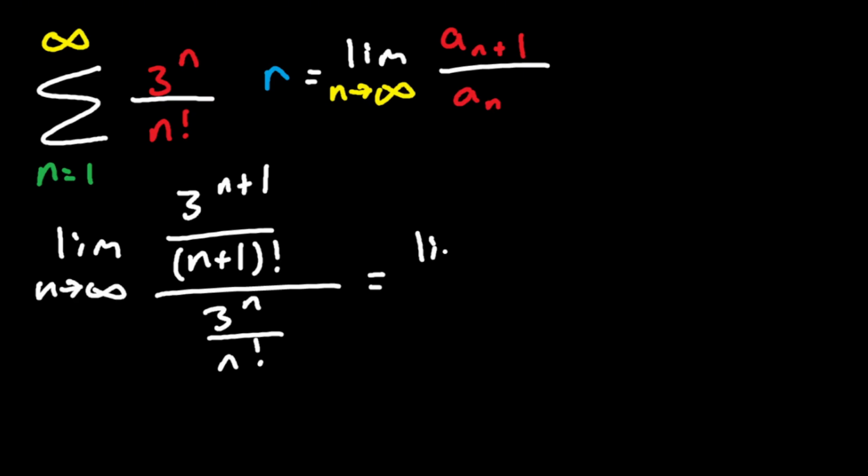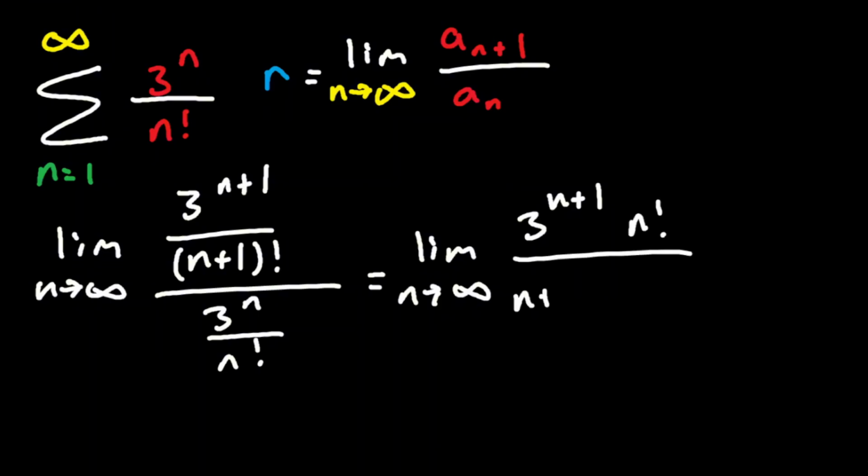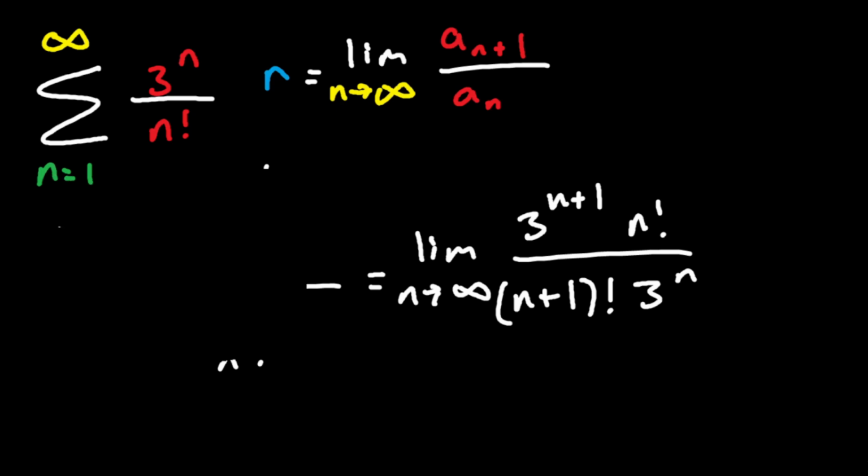Well, if you take this limit, you can evaluate this fraction to be 3 to the n plus 1 times n factorial over n plus 1 factorial times 3 to the n. Let's erase this.